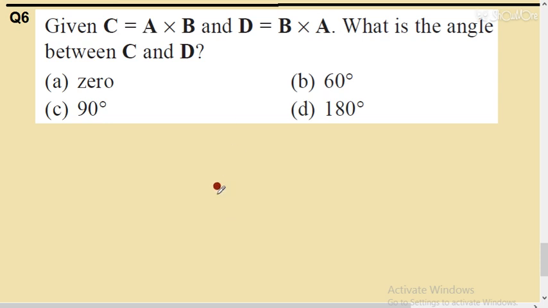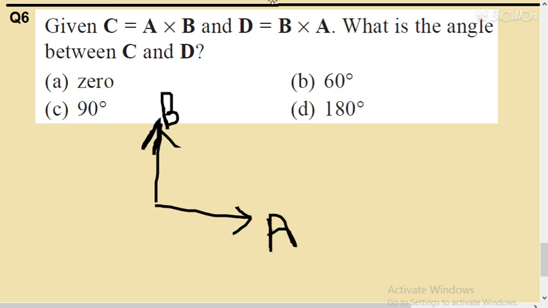Let's suppose this is the vector B and this is the vector A. Students, C vector is C. Now C vector is A cross B. So I have to take my hand in this way, A cross B. If you know about the thumb rule, then A cross B will give me the direction, so C vector will be outward here. C vector will be outward.